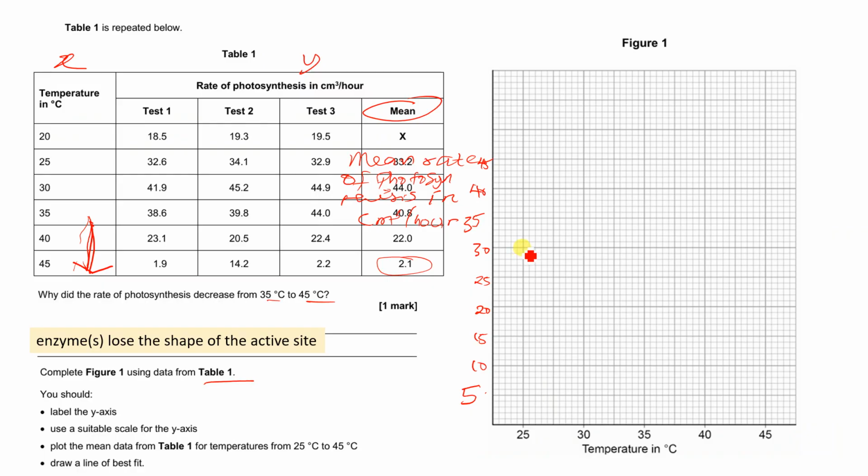This is 30, 31, 32, 33. At 30 degrees Celsius, it is 44: 40, 41, 42, 43, 44. At 35 degrees Celsius, it is 40.8: 35, 40. 40.8 is not up to 41.